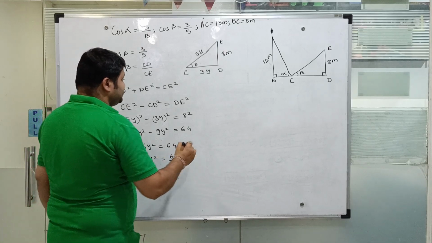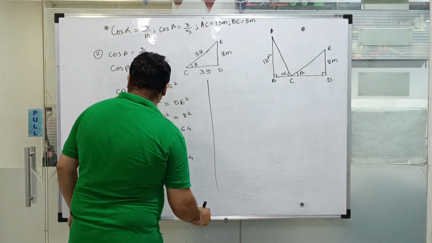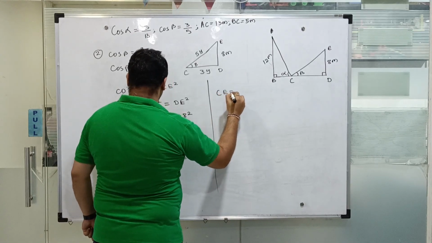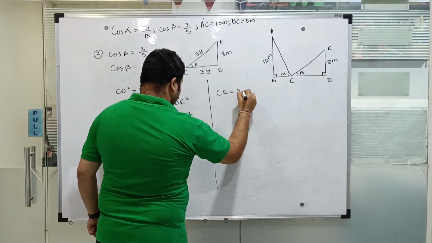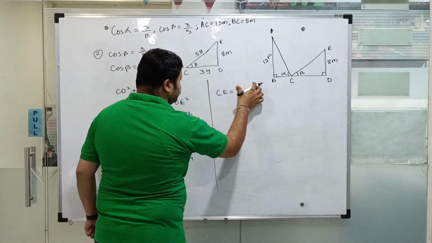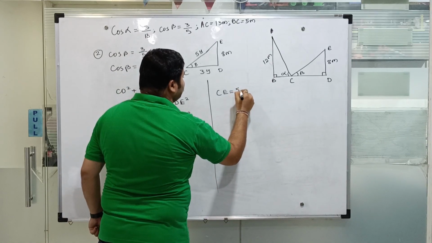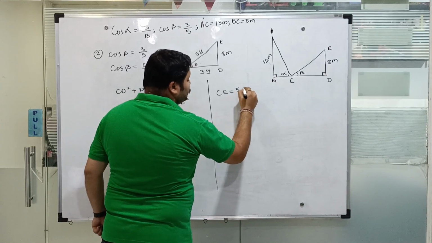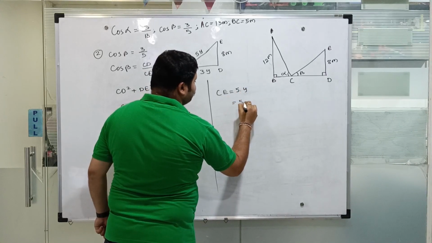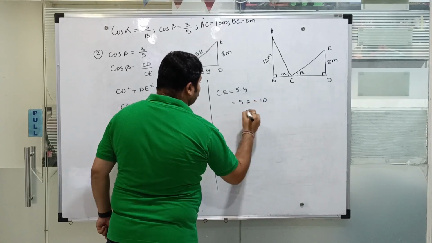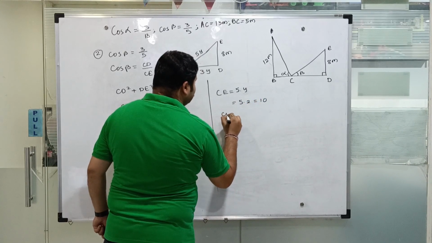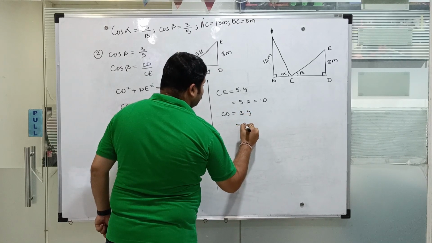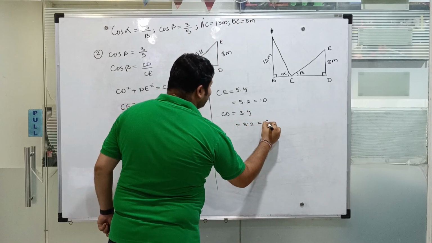Now, this gives me the value of CE. CE is equal to 5y, so that would be 5 multiplied by 2, so that is 10, and CD is equal to 3y, so that would be 3 multiplied by 2, so that is 6.